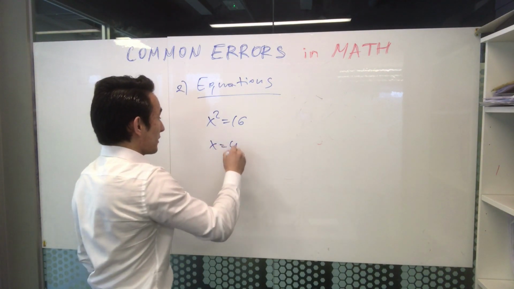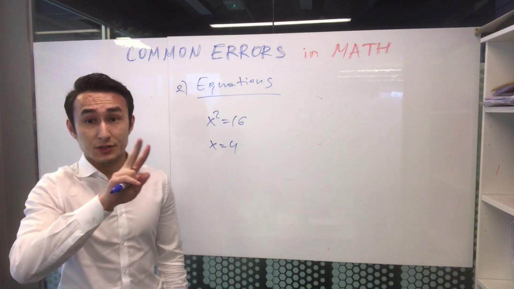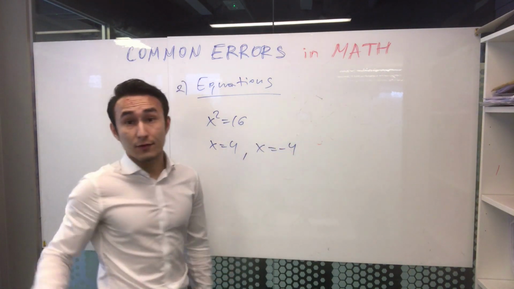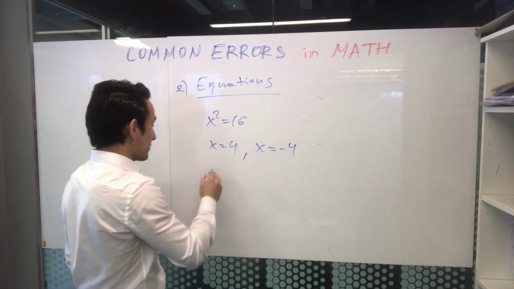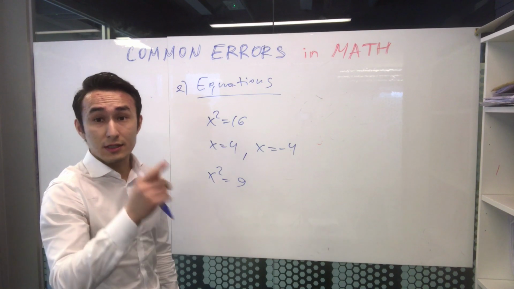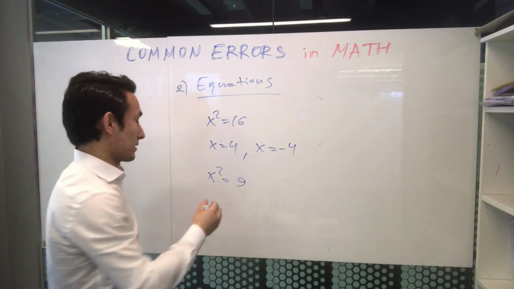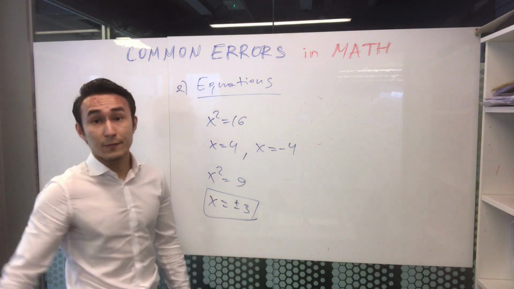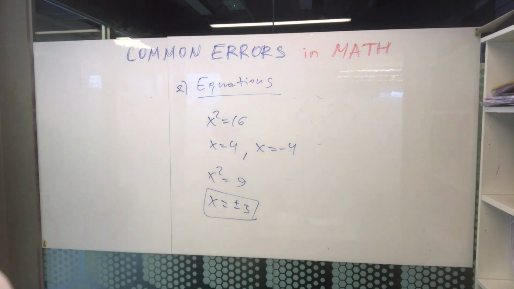Yeah, it's the obvious answer, but actually there is a second answer, it's negative 4. Similarly, x squared is equal to 9. Some of you might think the answer is 3, but actually it's plus 3 and negative 3. So you can write x is equal to plus or minus 3 simply. Okay, that's equation number 1.